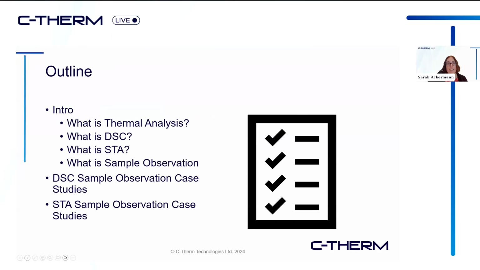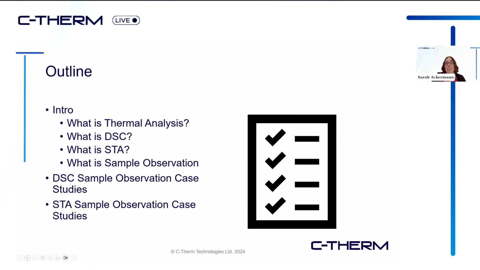So as a basic outline of what we're going to be talking about, I'll start off by introducing thermal analysis, DSC, STA, and what sample observation is. And then I'll go into the sample observation case studies and do some STA sample observation case studies.